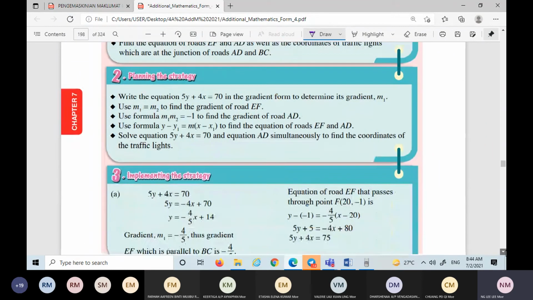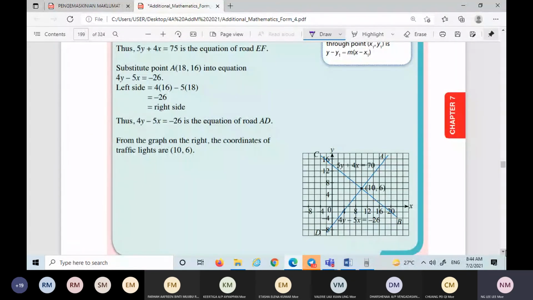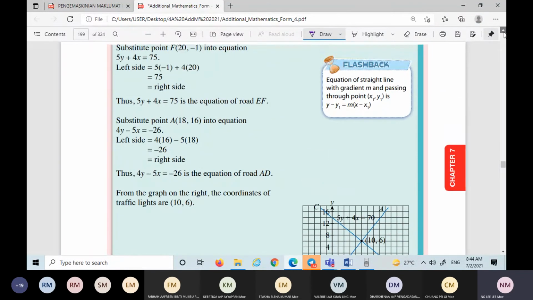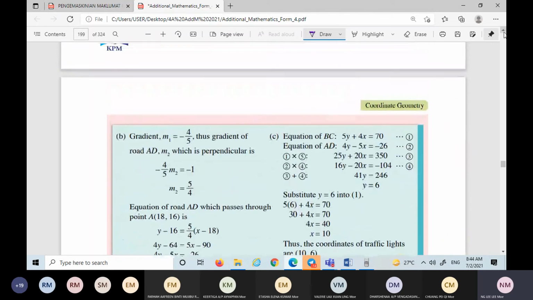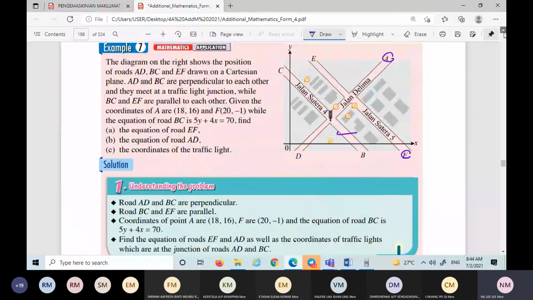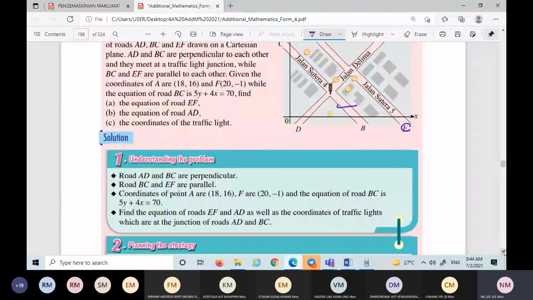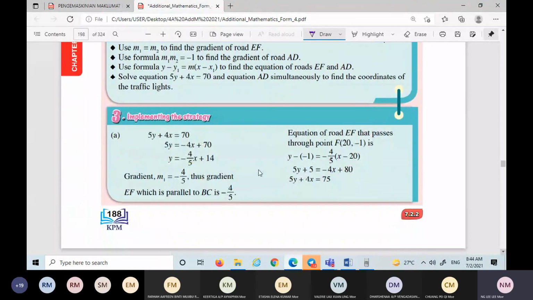Okay, let us see. Is it this one? No. No, not this. They didn't draw it up. So if I want to draw it up, I will draw it in this way.